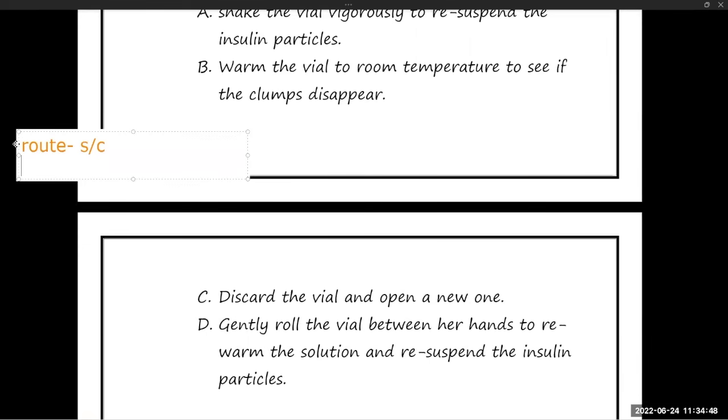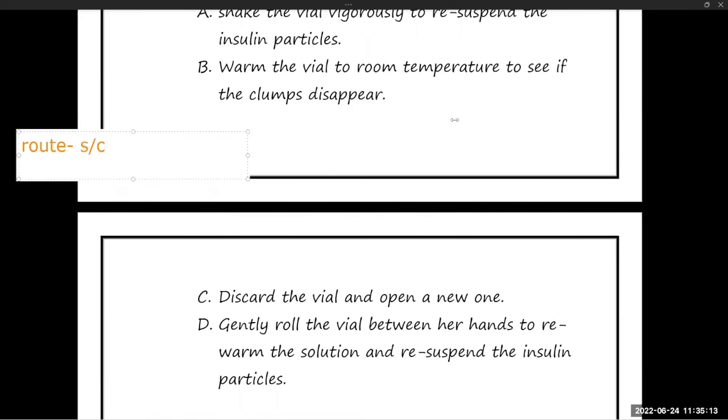And then what is the angle for administering the injection? At what angle will you administer: 90, 45, 10 to 50, 60? This is subcutaneous, so what could be the angle? 45.